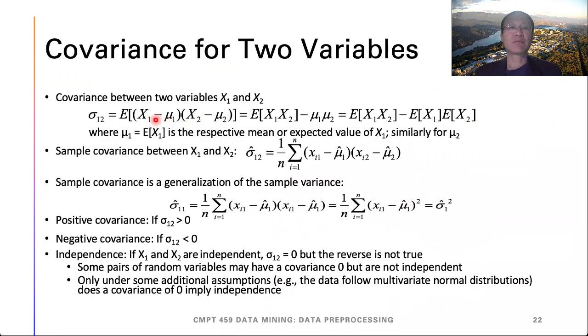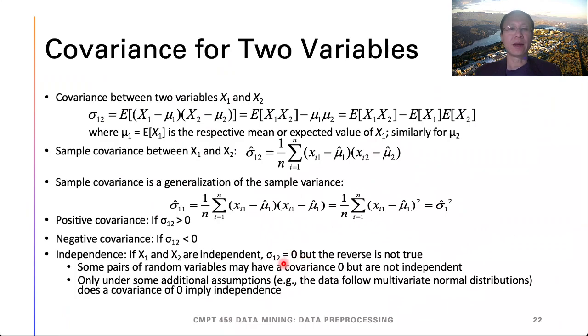Therefore, the expectation should be close to 0. So this is the idea behind the covariance of two variables. If the covariance is over 0, then these two are positively covariant. If x1 and x2 are independent, then sigma 1,2 should be close to 0.